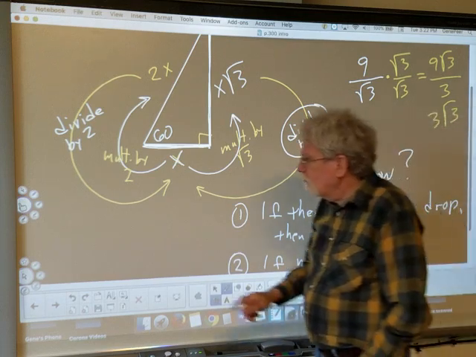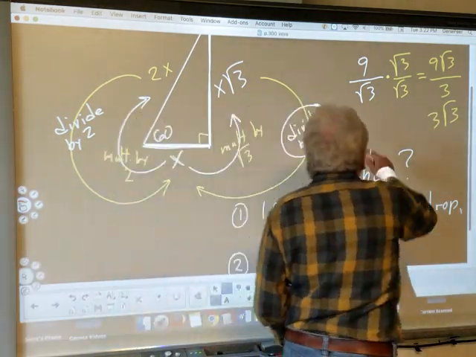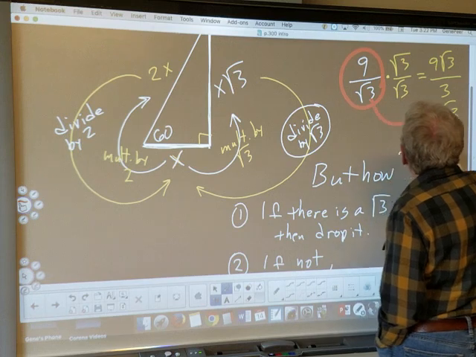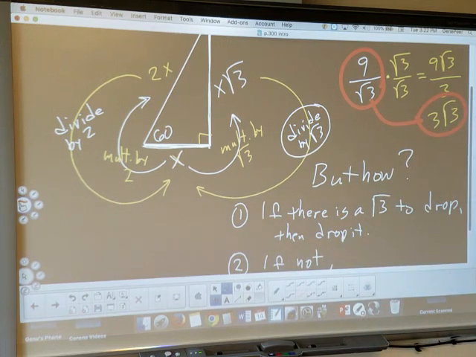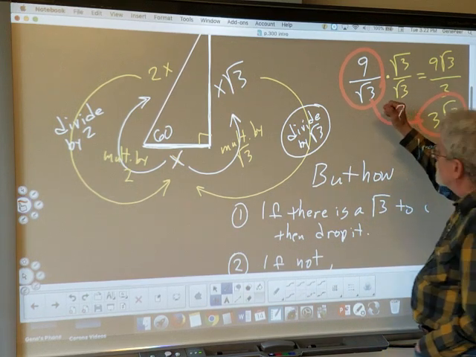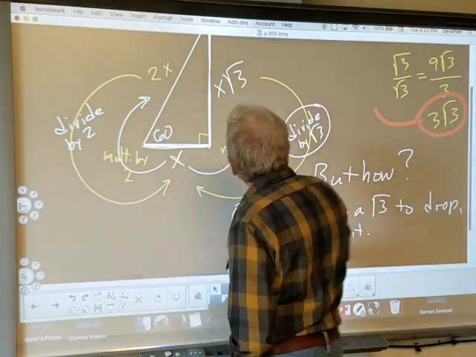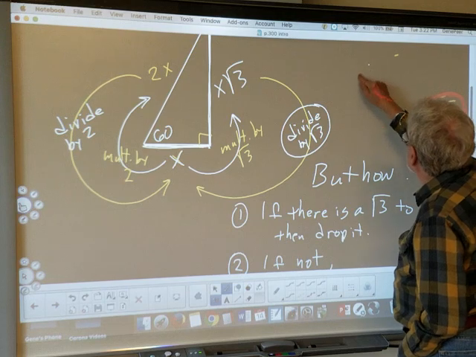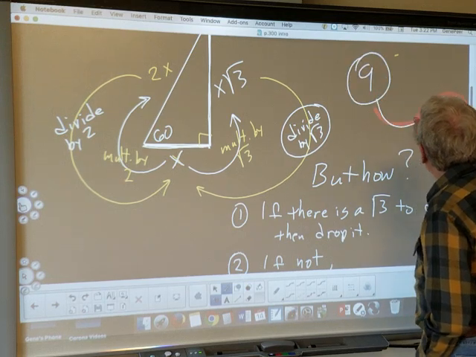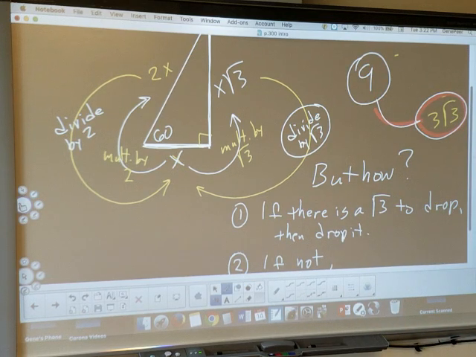Do you see a shortcut that'll get you directly from here to here? We started with 9. The shortcut is divide by 3 and stick a square root of 3 next to it.